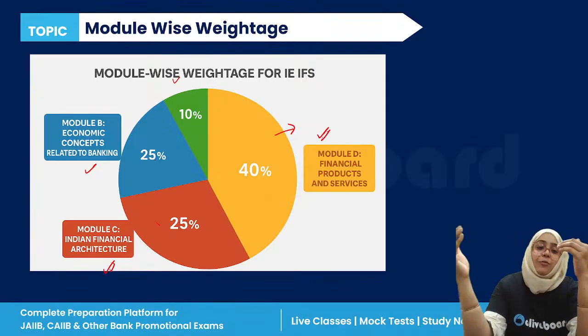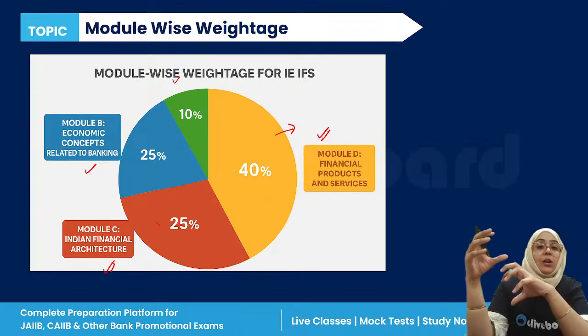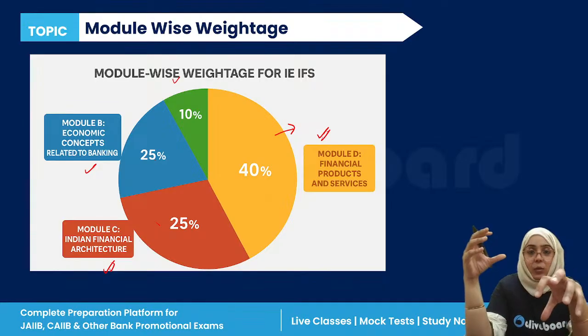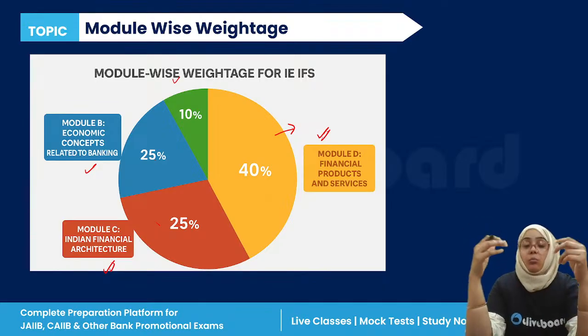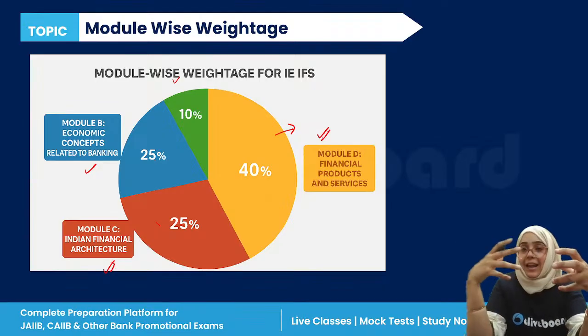You can say 15, 15, 15, because you have to focus on all three. Sometimes more questions were asked from B, sometimes more from A, right? So we cannot say.